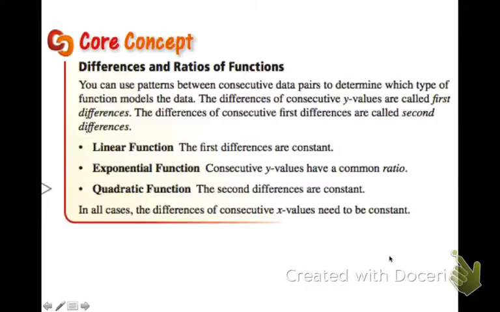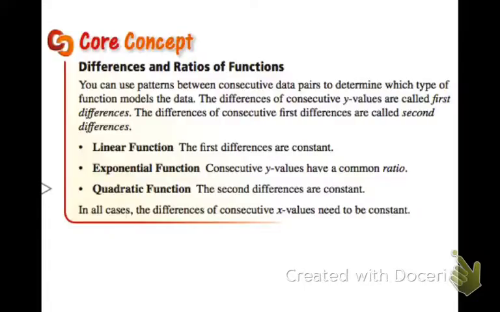So in the next core concept, we want to look at the differences in ratios of functions. So we'll use some patterns between the consecutive data pairs to determine which type of function models the data. The differences of consecutive y values are called first differences. The differences of consecutive first differences are called second differences.